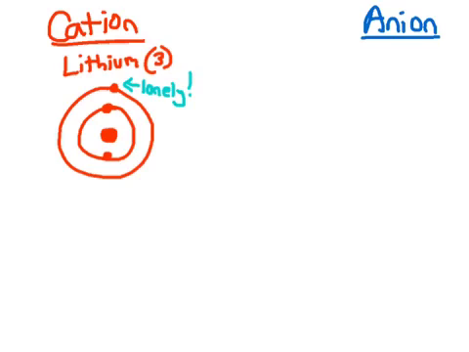Well, now let's switch over to an anion. Let's go ahead and choose nitrogen. Nitrogen is number 7. So again, I'm not going to draw everything in the nucleus, but here's nitrogen's nucleus. And in order to be a neutral atom, we have to have 7 electrons.